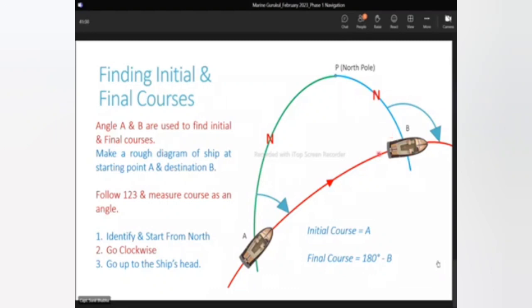Another confusion which can come to your mind is that this great circle track from A to B appears as curved. So if you measure the angle at any location, on the convex side it should be greater than 180 and on the other side it should be less than 180. But that is not the case. The angle in both these cases will be exactly 180 only.